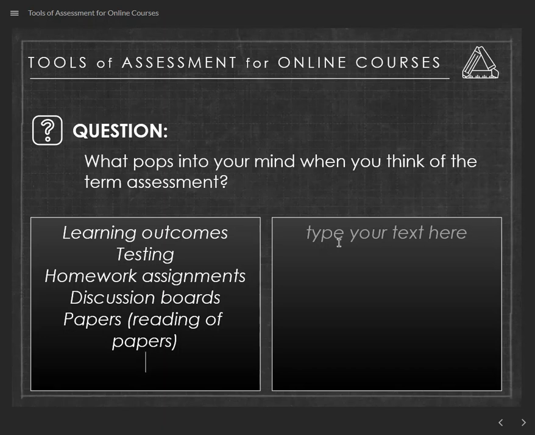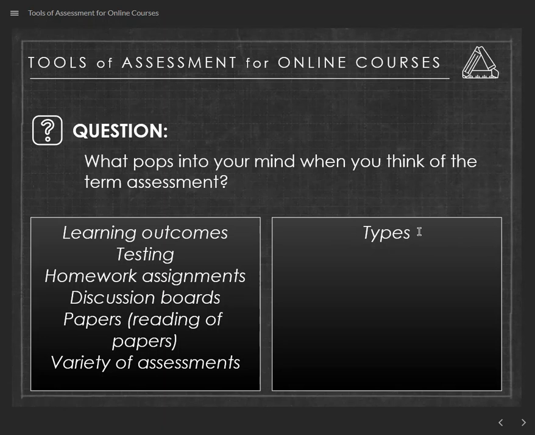I like a variety of assessments in any course so that each student can shine, because I don't believe one type really tells me what a student knows or can do. Okay, so we're looking at a variety of assessments. Anything else? Types, I guess. Yeah, assessment types.